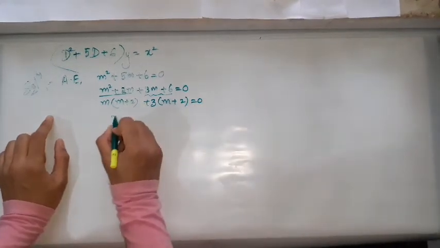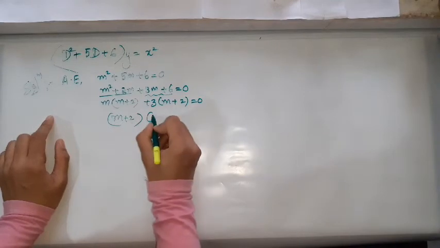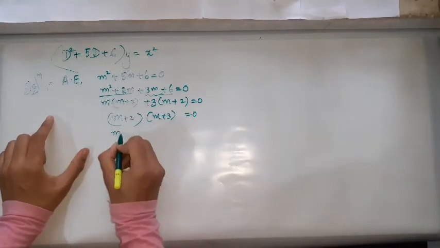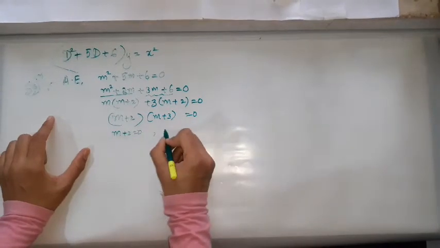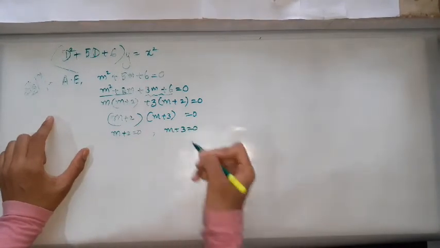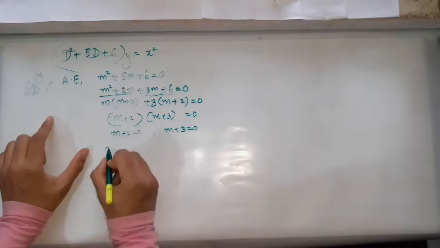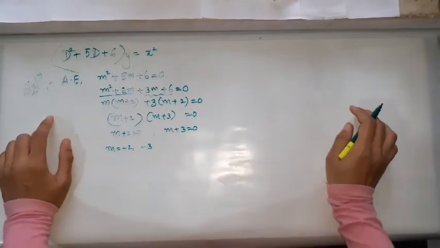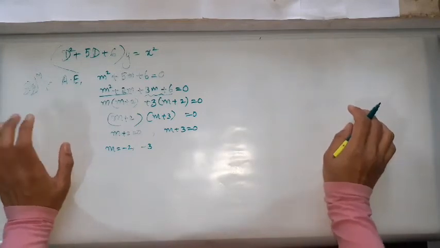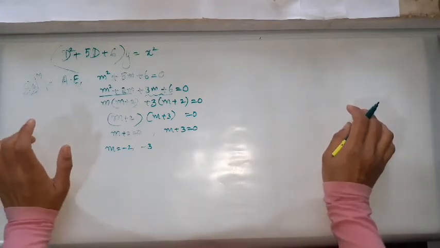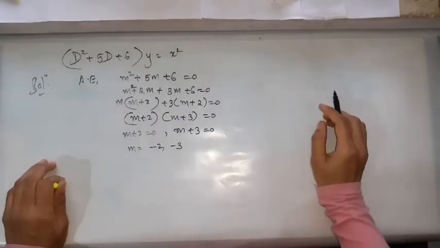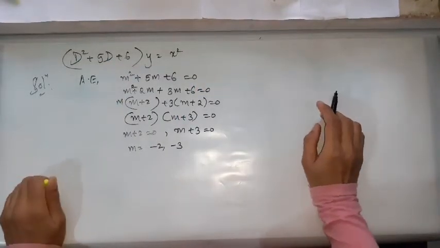So you have (m plus 2)(m plus 3) is equal to 0, or m plus 2 is equal to 0, m plus 3 is equal to 0. So m is equal to minus 2, minus 3. These are the two real roots of this equation, real and distinct.